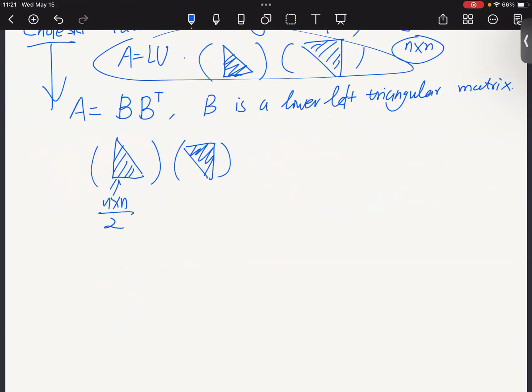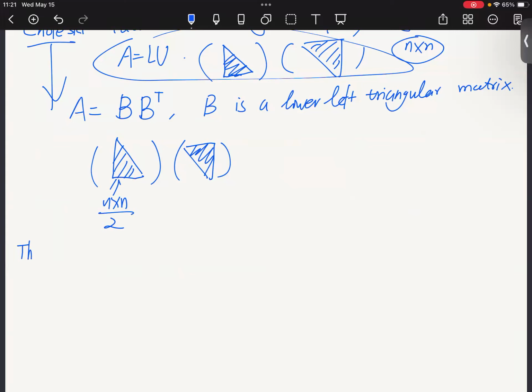And I'm going to take a look at the theorem here. Actually, we cannot apply this Choleski factorization to any arbitrary matrix. There's some special requirement for the A matrix here. So I'm going to state the theorem about the Choleski factorization, but I'm not going to prove it. If you are interested in the proof, then you can go to the textbook.